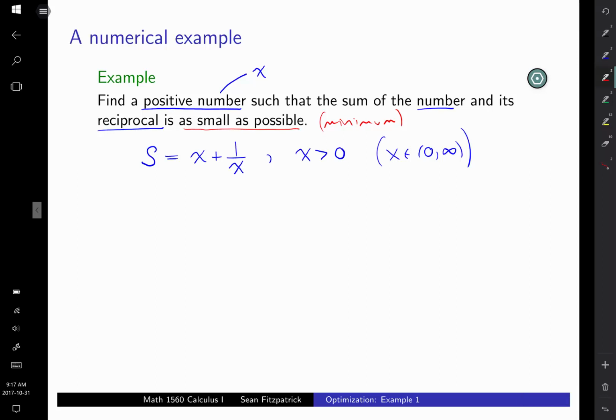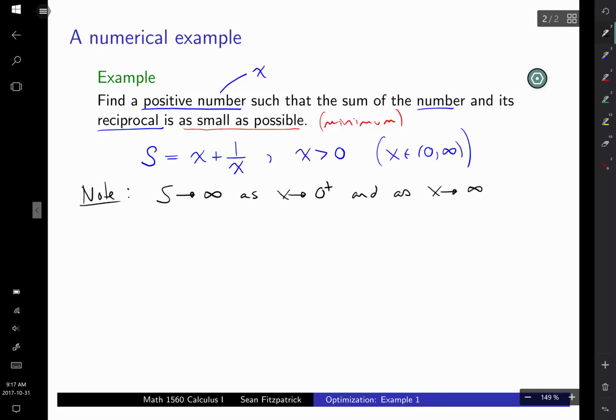So one of the things that we might note is that s goes to infinity as x approaches 0 from the right, and as x approaches infinity, right? So the value is really big if we approach 0, if we approach infinity.